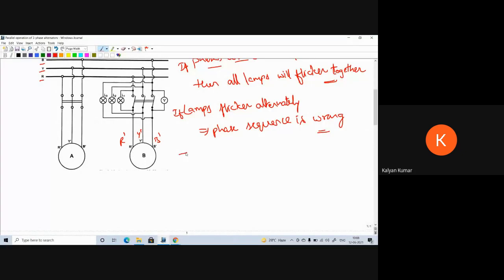So to correct the phase sequence, what do we have to do?